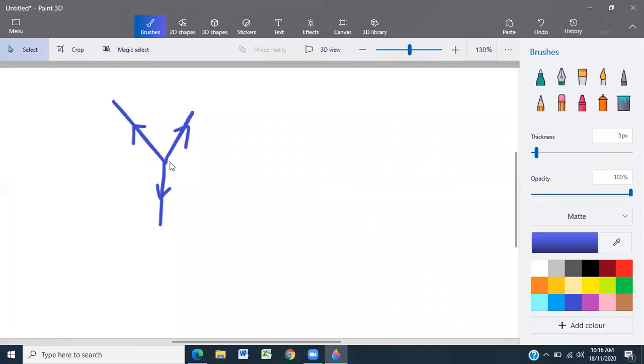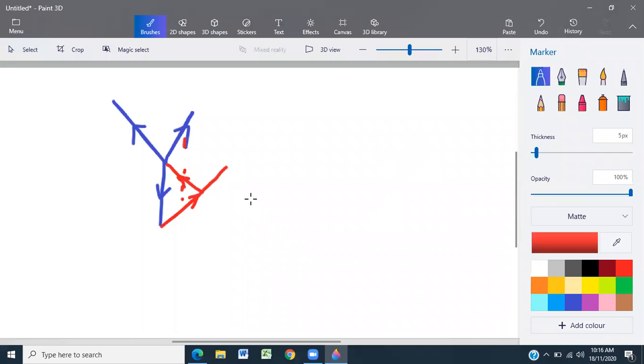So we take this force here, and we shift it downwards. Put it here. Then we take this one here, we shift it back here, put it here. Can you guys see that? And we create a triangle.